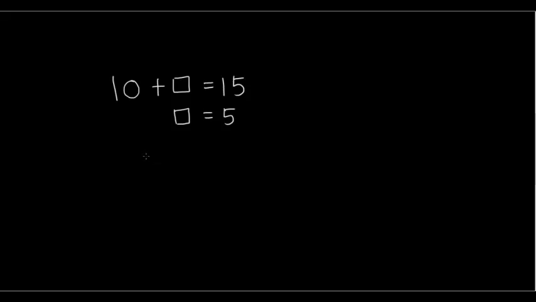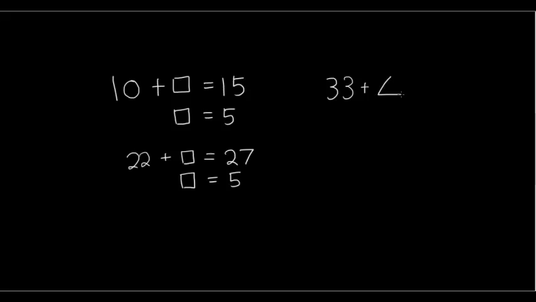So if I told you 22 plus a box is 27, you can probably tell me that the box is 5 again. Alright, and let's do another one. 33 plus, let's do a triangle now, is 34.